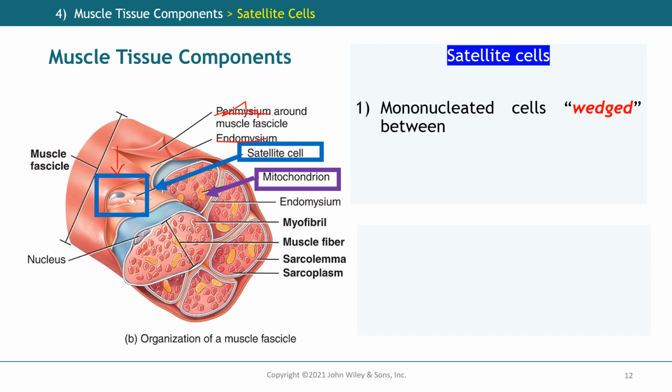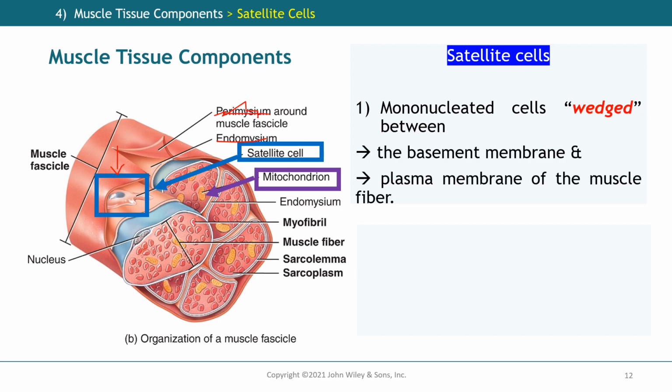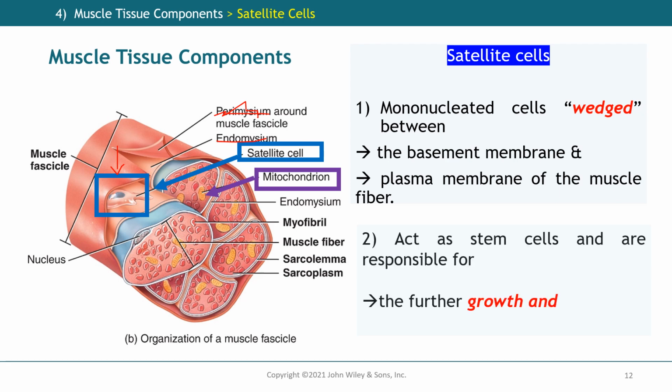So remember, the satellite cells are mononucleated, and they are located between the basement membrane and the plasma membrane of the muscle. They act as stem cells that are responsible for muscle growth. And in case there was an injury, they are always there to finish the work as a backup.